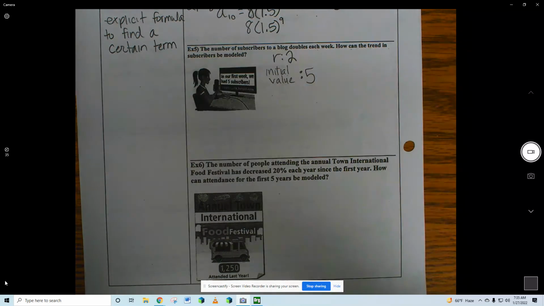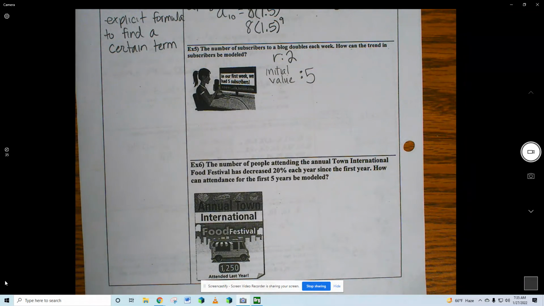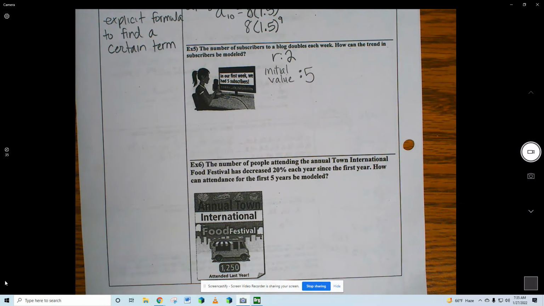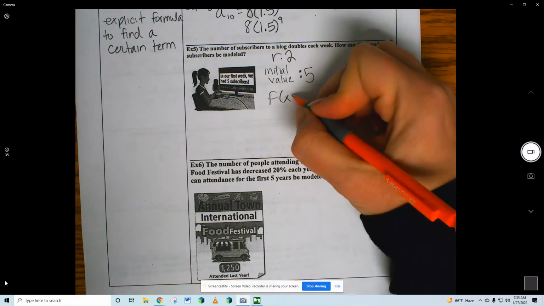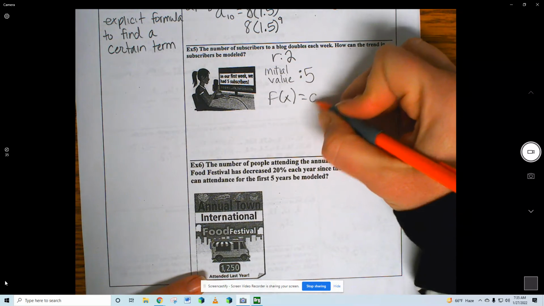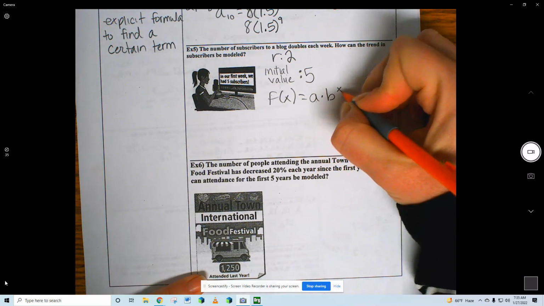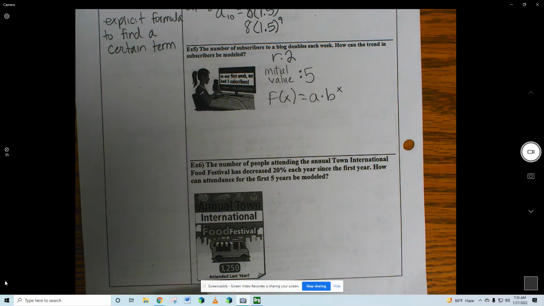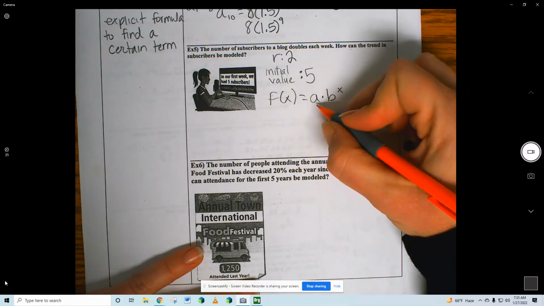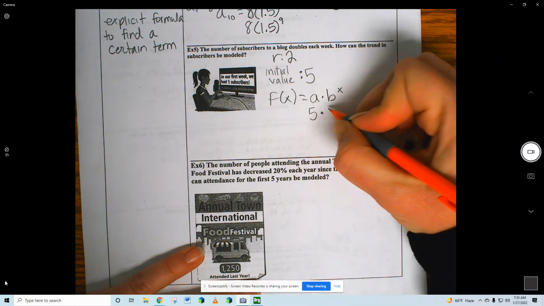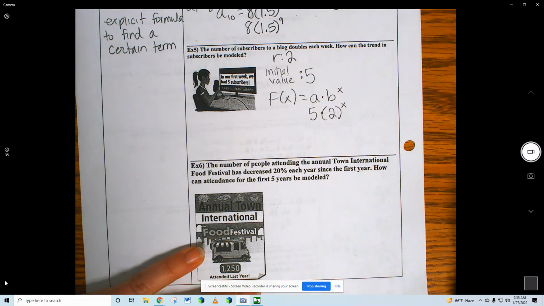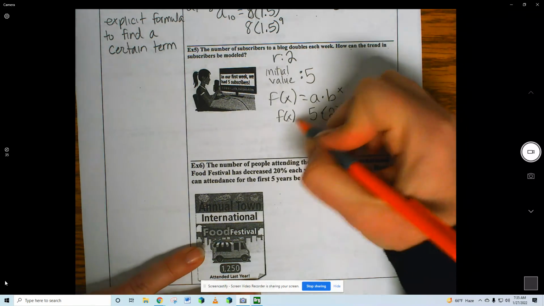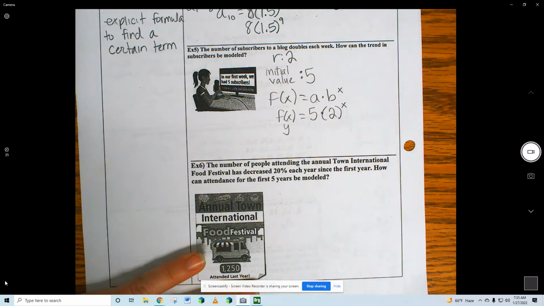This is going to be like we did just this week. A times b to the x. So this is an exponential function because it's a word problem. 5 times 2 to the x, remember? F of x is the same thing as y equals. They mean the same thing.